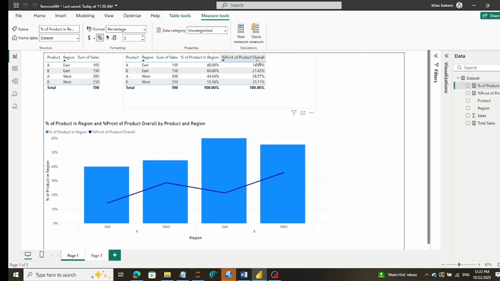In the next column, we also want to show the sales of this product against the overall 700. What is the percentage of 700? Here we are getting its percentage of 250, and for the overall we need to create another measure.